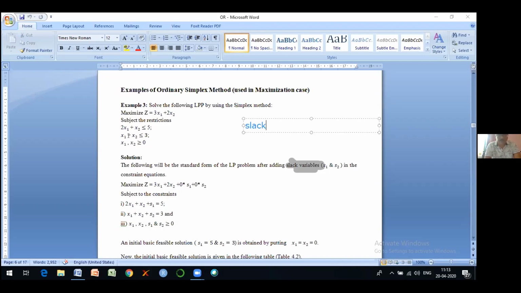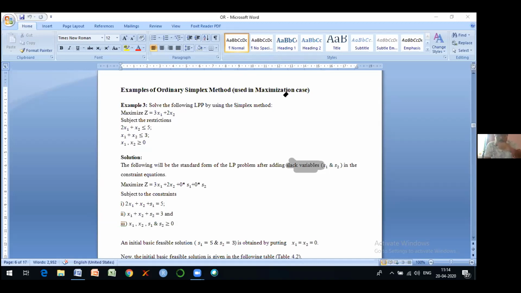In the same way, in case of the second constraint, x1 plus x2 less than 3, we have to add another positive slack variable, that is s2.